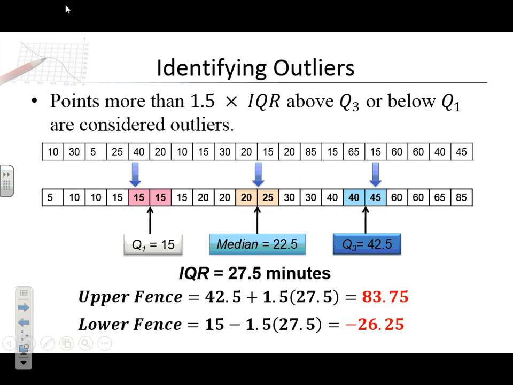If I had any values smaller than negative 26.25, they would be considered outliers. Do we have that issue in our distribution? No. So on this side, our minimum value is still considered okay. There are no outliers on the lower end, but there's one outlier on the upper end. Does that make sense?